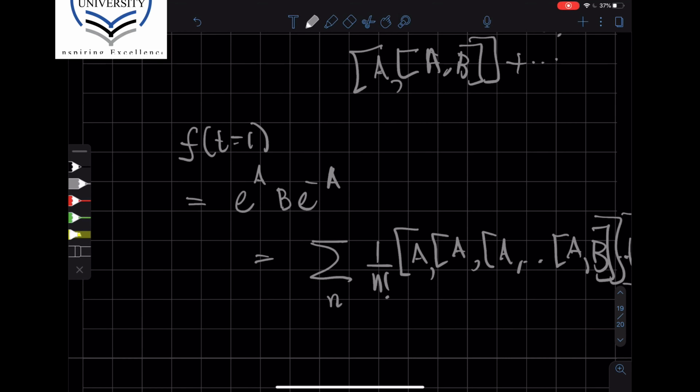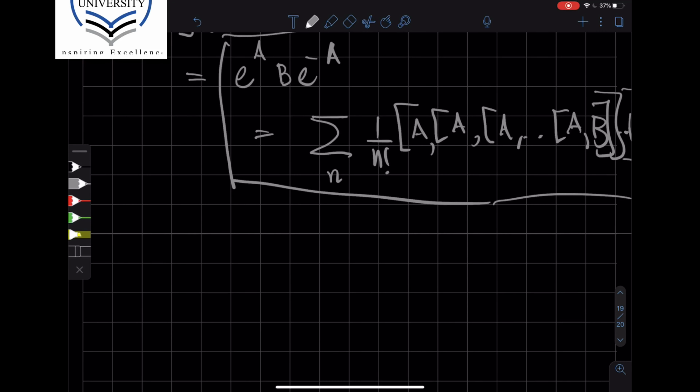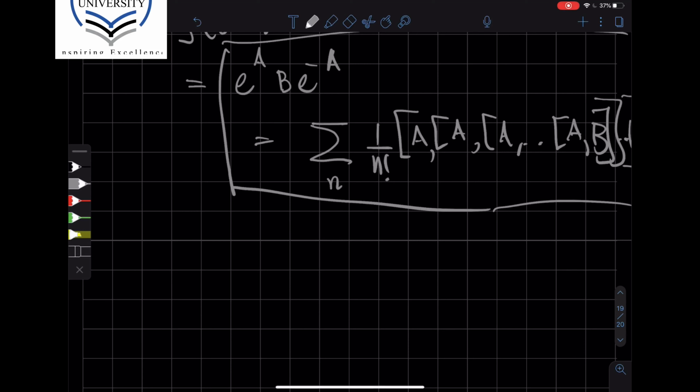This is one of the Baker-Campbell-Hausdorff formulae. In the lecture we used the case where b was 1 and a was, say, i times h. As you can see, when b becomes 1, the right-hand side just boils down to 1.